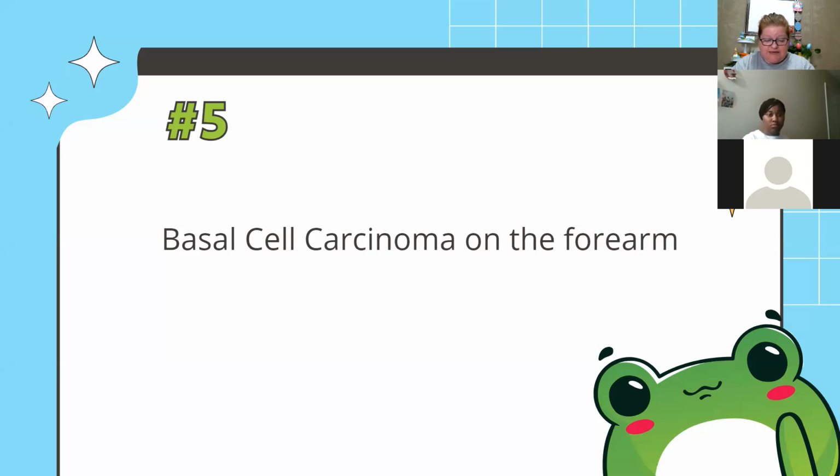Anytime you're dealing with any of the cancers, the neoplasms, anything like that, instead of going to the alphabetic index, you're going to go to the table of neoplasms. And you're going to use it the same way. So go to your table of neoplasms.